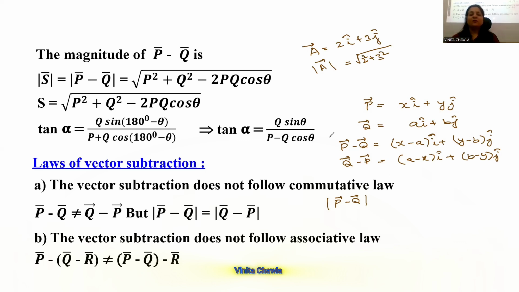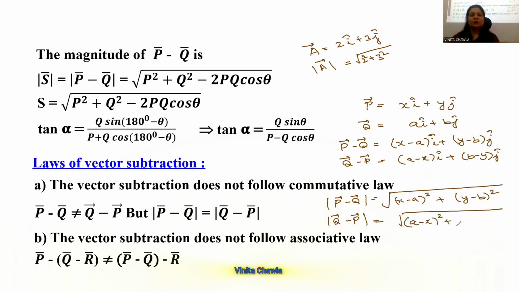So here also, if you want to write magnitude of vector p minus q, then how will we write? Square root of x minus a whole square plus y minus b whole square. And vector q minus vector p is again square root of a minus x whole square plus b minus y whole square. क्या डिफरेंस है?